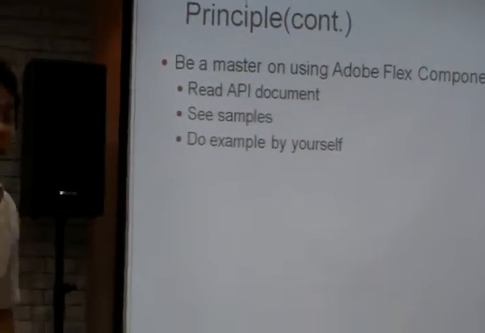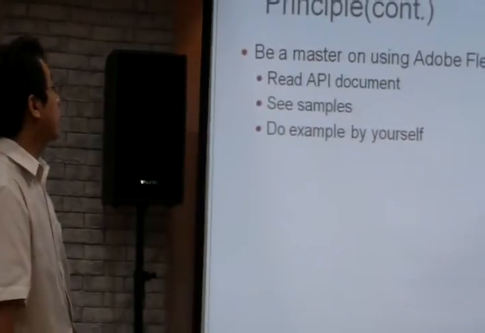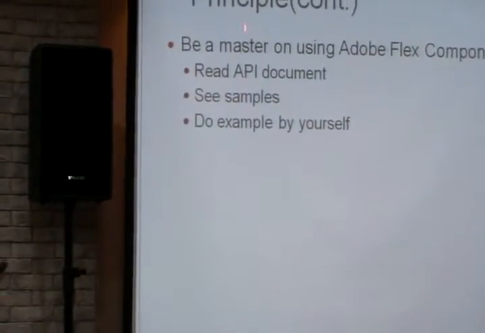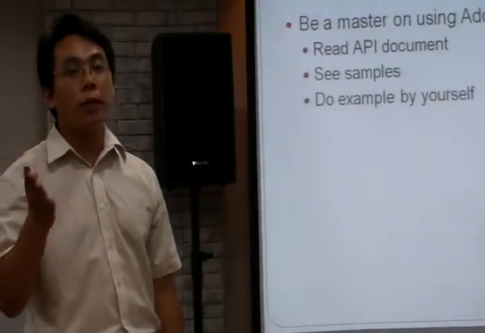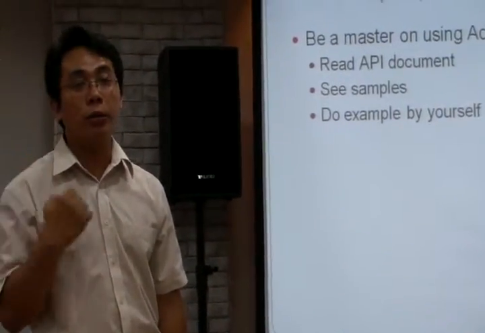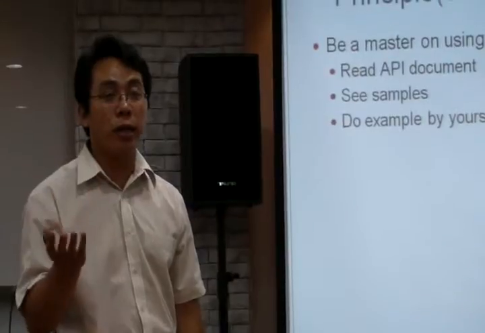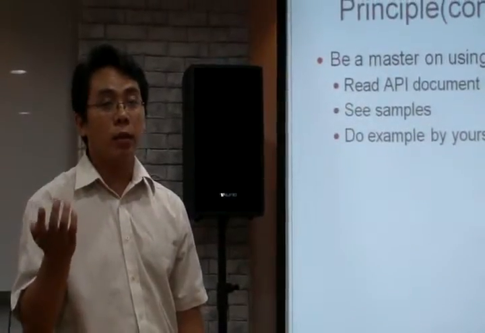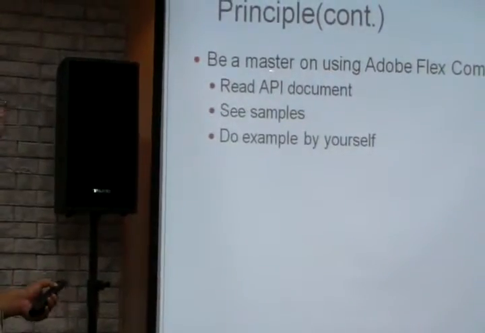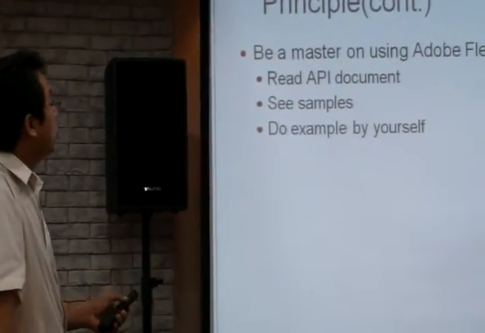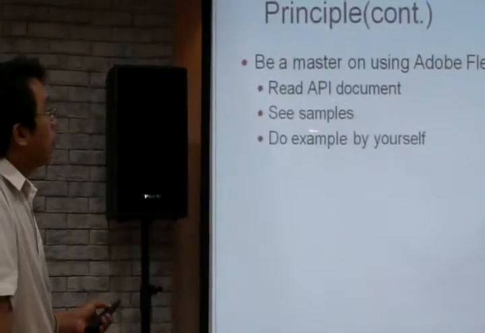How to be a master of using Adobe Flex components? The first is we must read the API document, right? The API document of Adobe Flex is on the internet. You can search and go to the API on the Adobe website. And of course, when you use the API document, we must see the symbol.